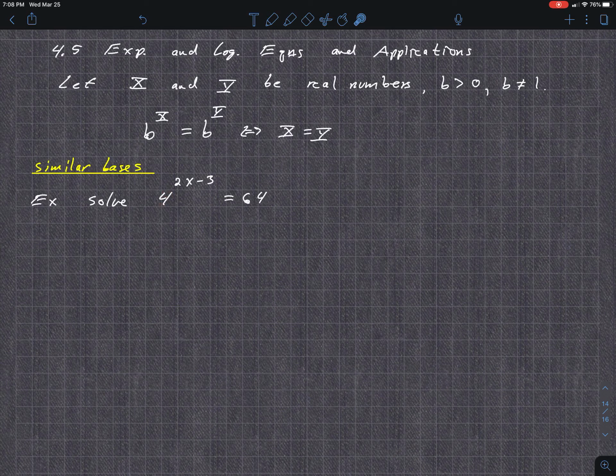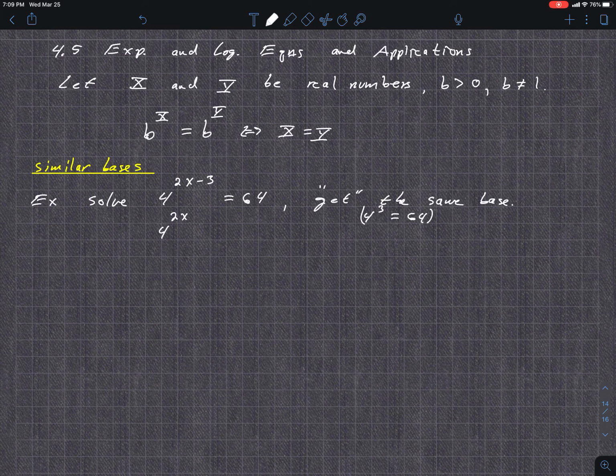You can see that 4 and 64 are not the same base, but what can we do to convert 64 to the same base? We want to use 4, so 4 to what power is 64? You'd mess around a bit and say 4 cubed is 64. So we're going to use that in its place.